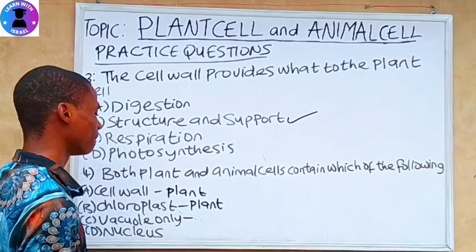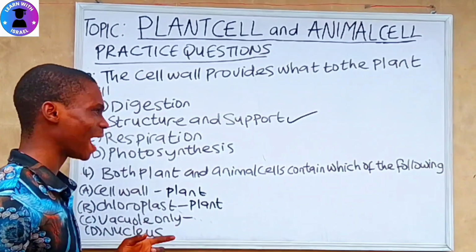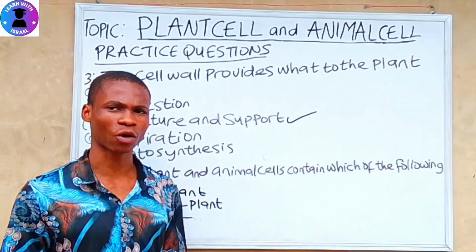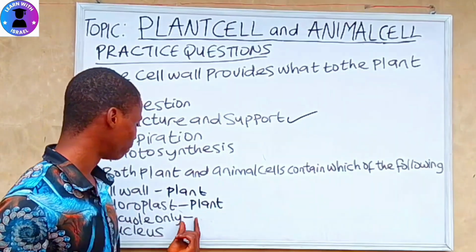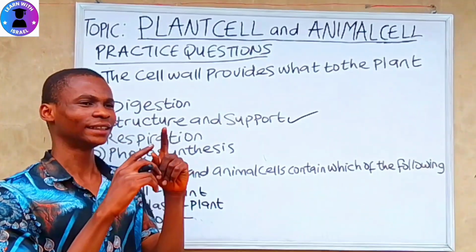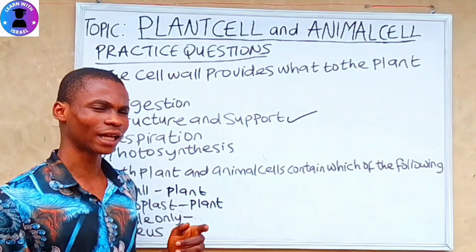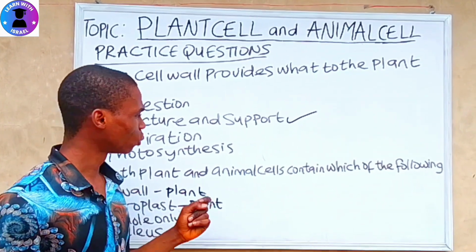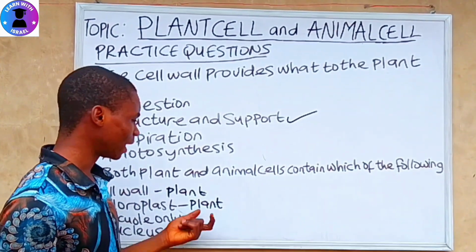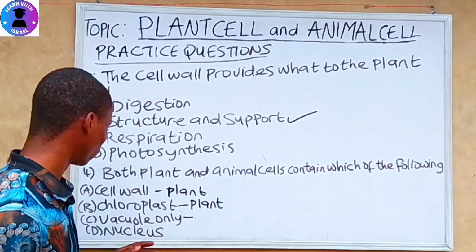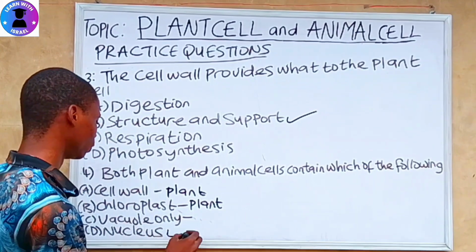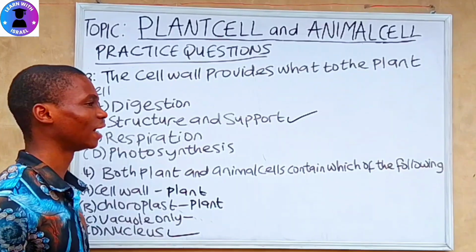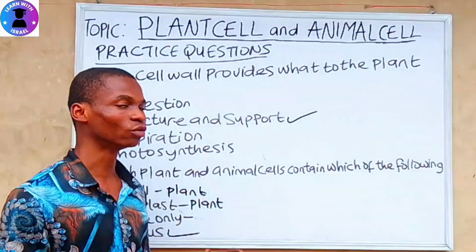For vacuole, sometimes animal cell possesses a vacuole, like the drawing I gave earlier, but it is either very small or sometimes absent. So you can't go for vacuole. The correct answer is nucleus. Both animal and plant cell possess a nucleus.